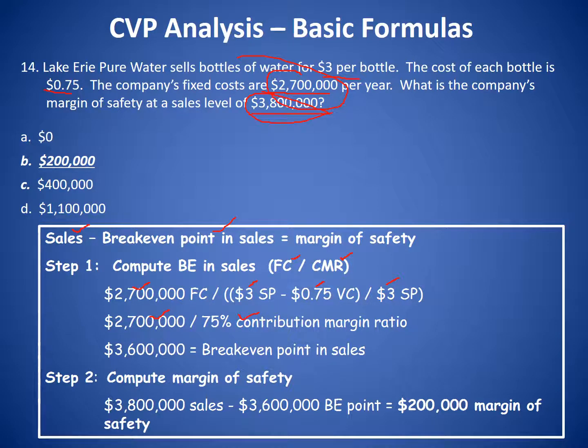When we do the math, it's then $3,600,000, which is our break-even point in sales, but that's simply our break-even point. We're not done yet. Now we have to compute the margin of safety. So we take our sales of $3,800,000 from the description in our problem. We subtract out our $3,600,000 break-even point, and we find out we have a $200,000 margin of safety.